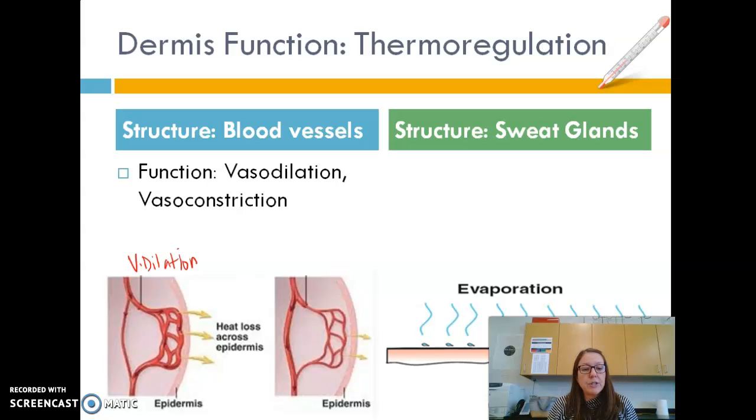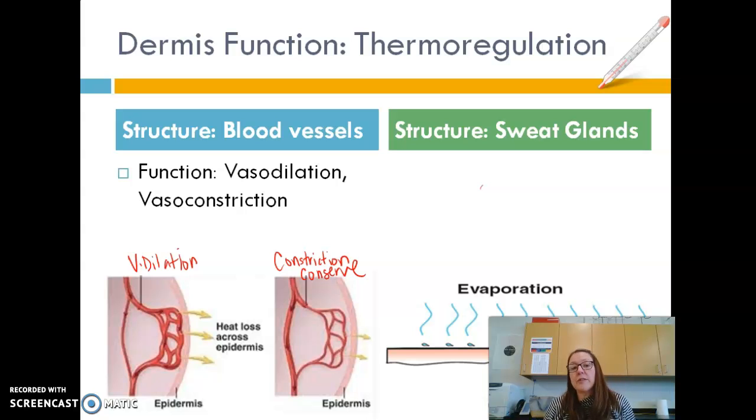So vasodilation cools you down. On the other hand, the opposite happens for vasoconstriction. I always like to put the word constriction with conserve. The blood vessels get smaller, less blood flow is going to the surface of our skin, and so you can conserve heat to keep you warmer.